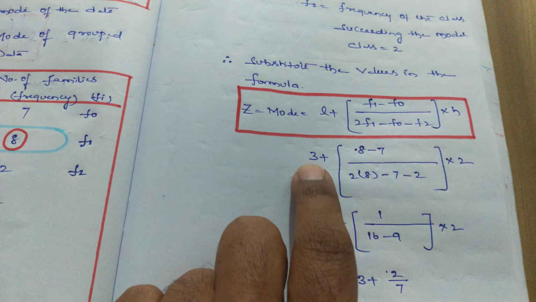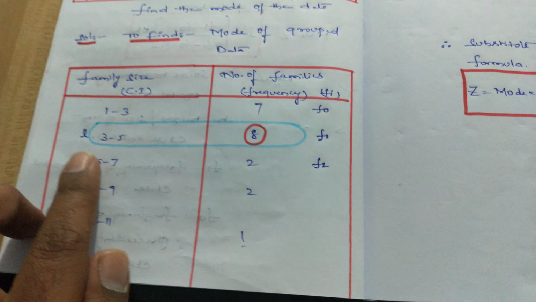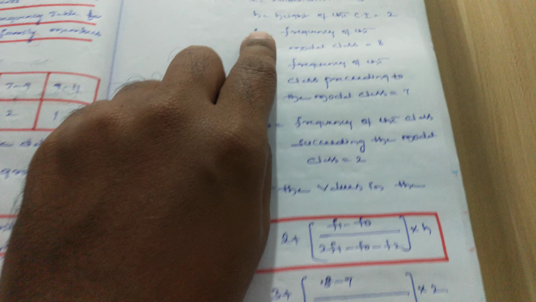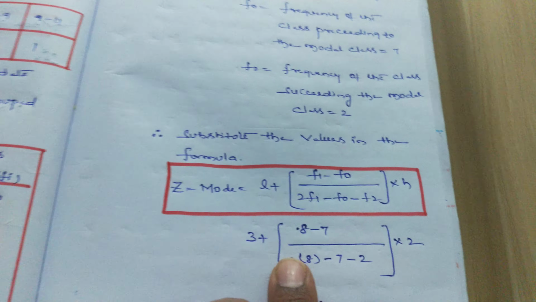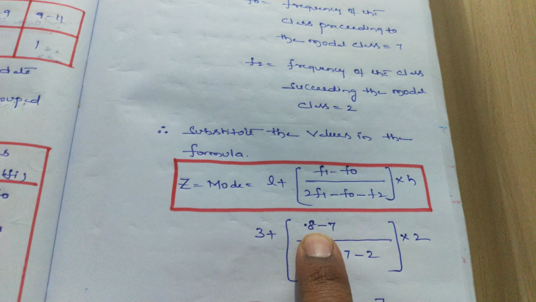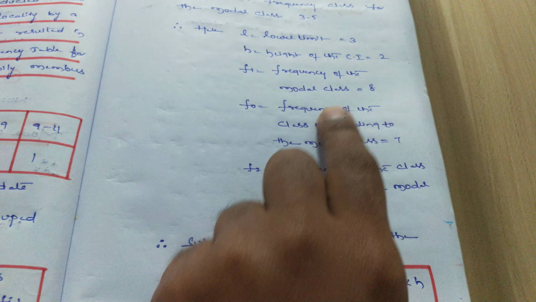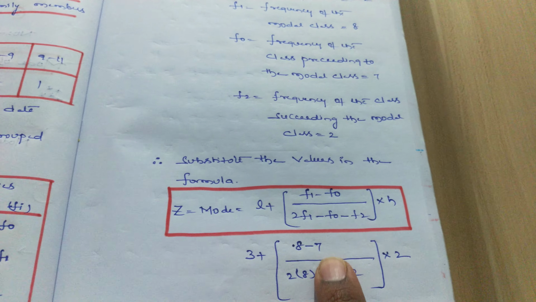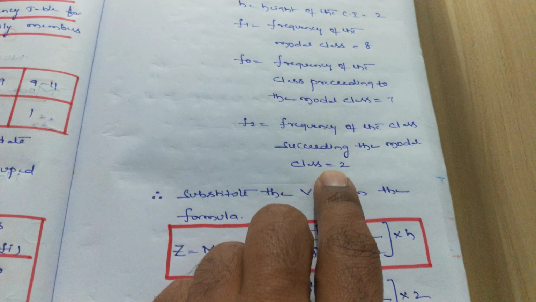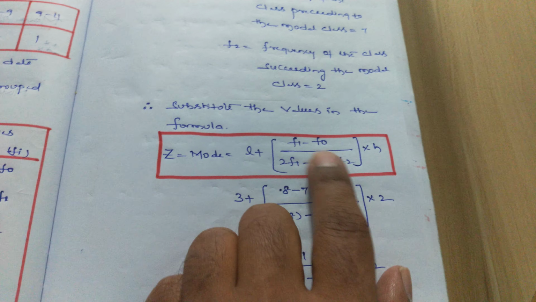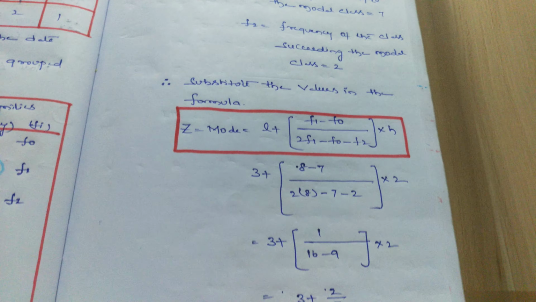Lower limit L is 3. f1 is 8. f0 is 7. And f2 is 2. So substitute all the values in the formula and simplify, students.